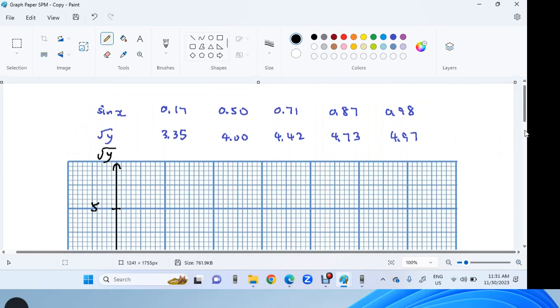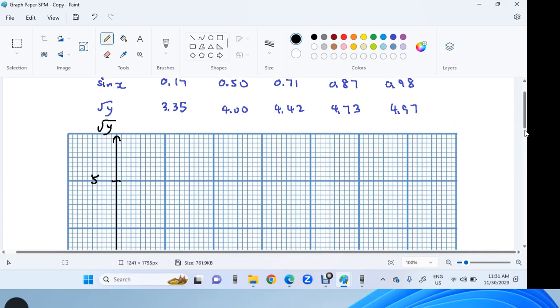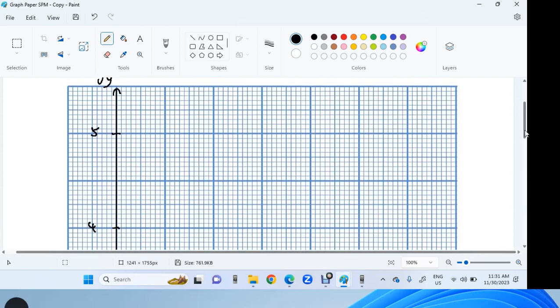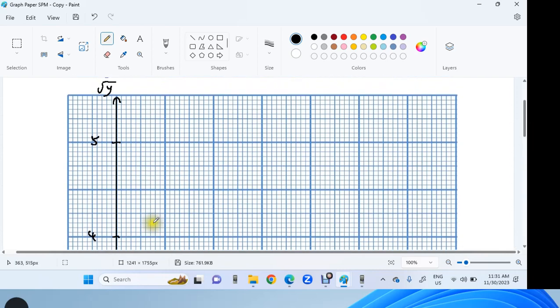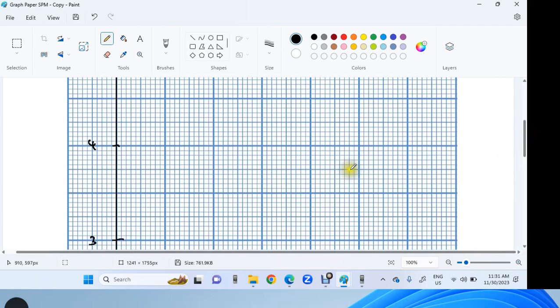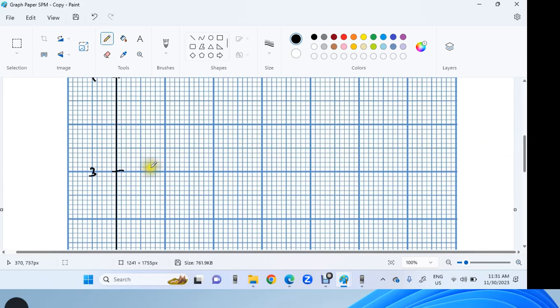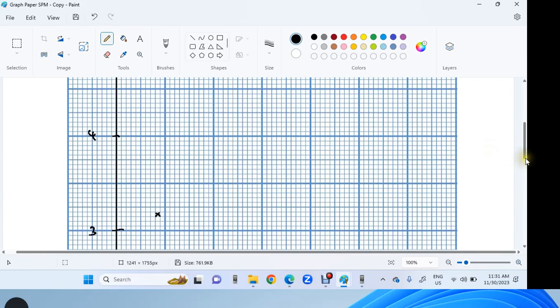Okay, so 0.17, 3.35 should be somewhere here.